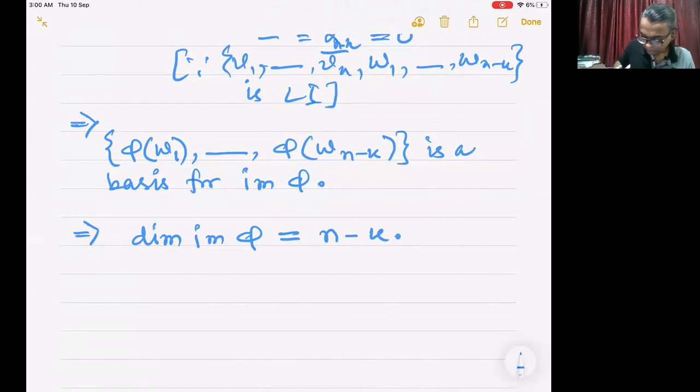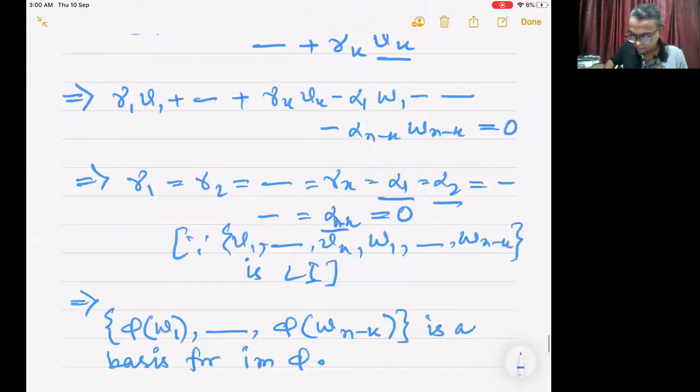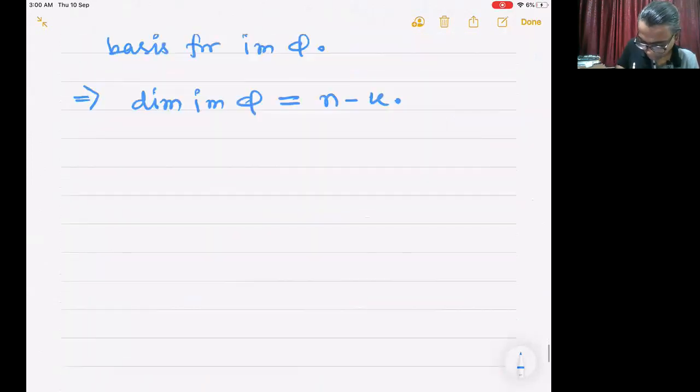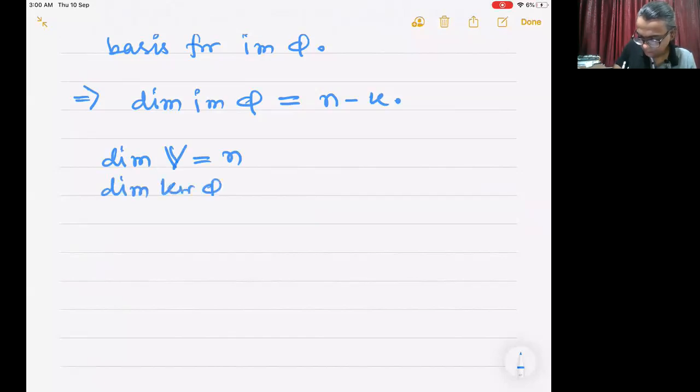But what was this n, by the way? The dimension of V is n, because the basis has size n. The dimension of the kernel of phi is k.